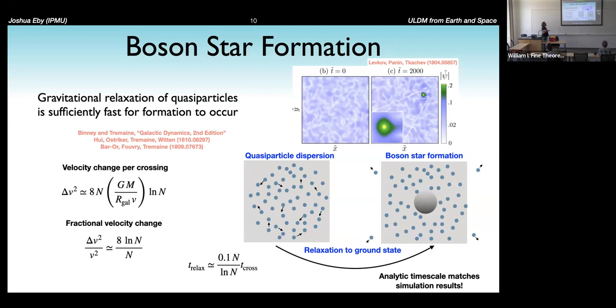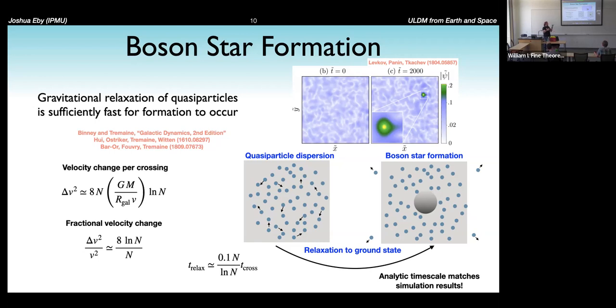One of the simple ways to understand this is just to look at gravitational relaxation of these quasi-particles, these traveling waves that I showed you in the halo in one of the first slides. You can do a basic, astrophysics 101 kind of calculation for the gravitational relaxation rate for these quasi-particle objects, exchanging little bits of energy through gravitational scattering.